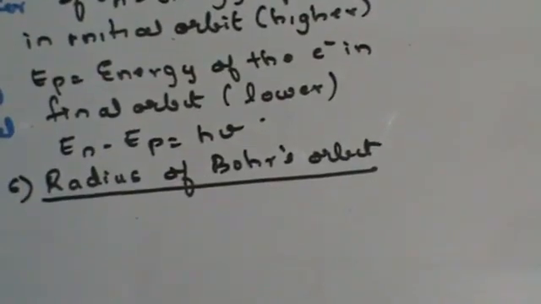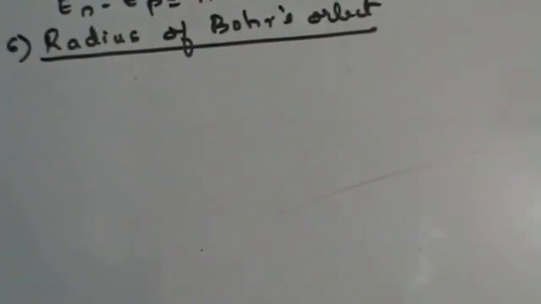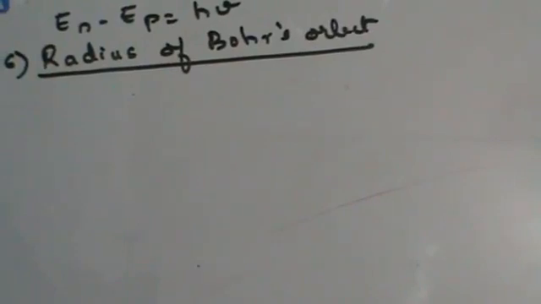Such quantum selected stationary orbits are called as Bohr's orbit. So what you call as stationary orbits are also called as Bohr's orbit. What are stationary orbits? These are those orbits in which the electron can revolve without absorbing or radiating any energy. Fine, do you get this thing clear?